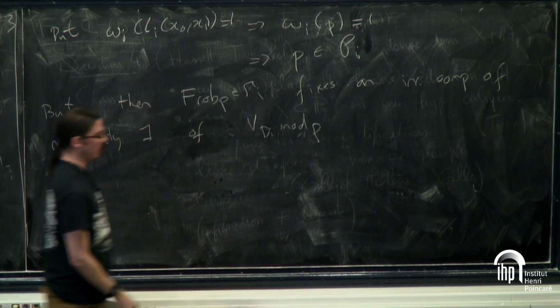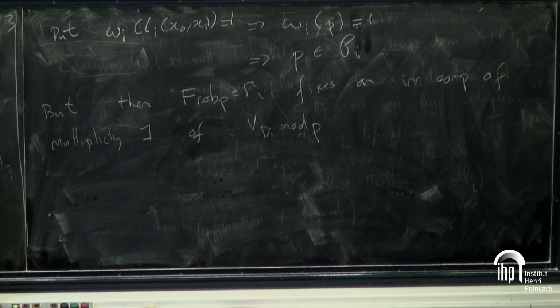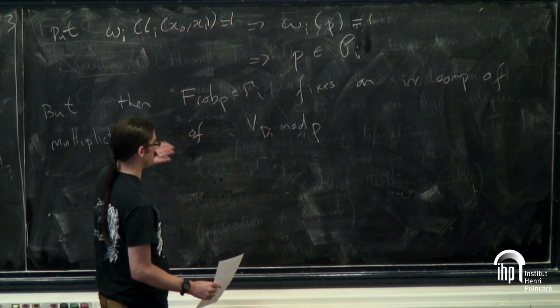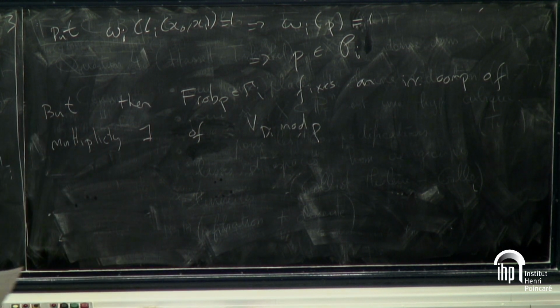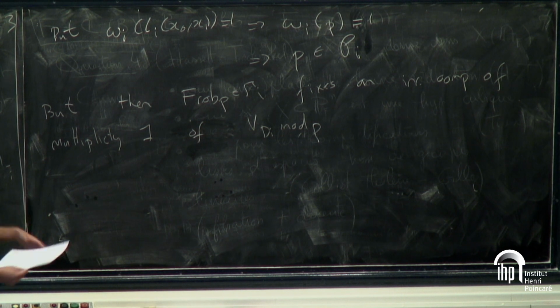And it's because I'm working over a finite field, so the Galois action is completely determined by how the Frobenius element acts. The Frobenius element fixes an irreducible component of multiplicity 1. So the whole Galois group modulo p must fix an irreducible component of multiplicity 1, which means there's a component of multiplicity 1 which is invariant under the Galois action, so it must be geometrically irreducible.